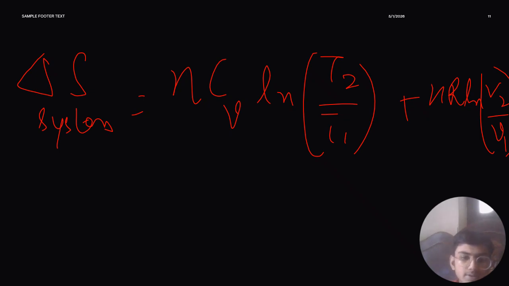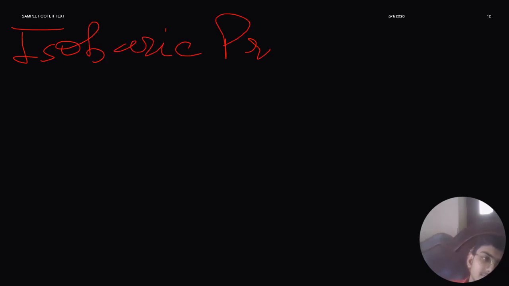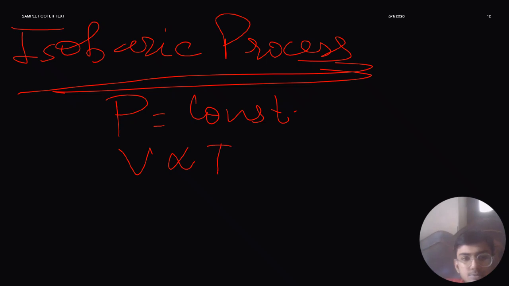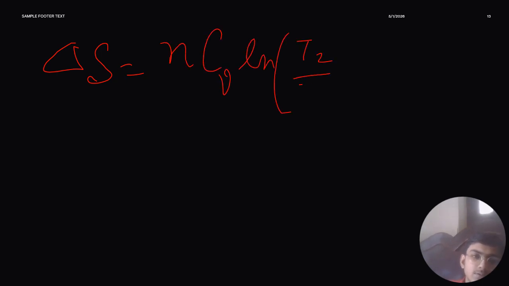Okay, now first of all we will talk about the isobaric process. In the isobaric process, pressure is constant and volume is directly proportional to temperature, so we can write V1 over V2 is equal to T1 over T2. Now talking about entropy, it is n Cv ln T2 over T1 plus nR ln V2 over V1.